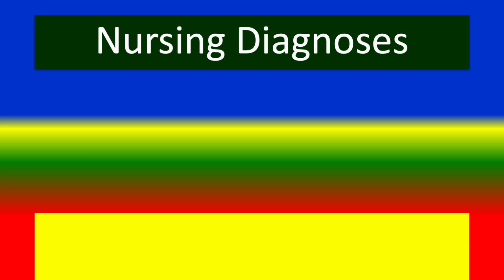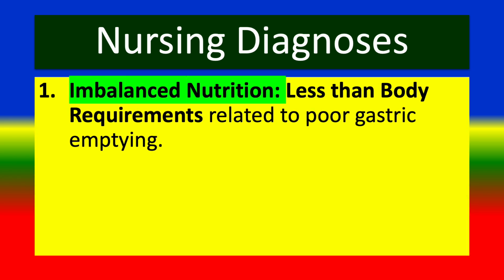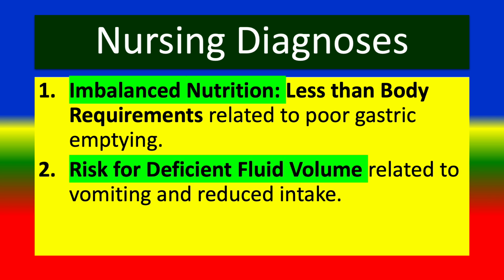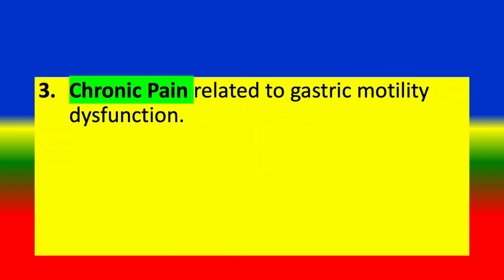Nursing diagnosis. 1. Imbalanced nutrition less than body requirements related to poor gastric emptying. 2. Risk for deficient fluid volume related to vomiting and reduced intake. 3.